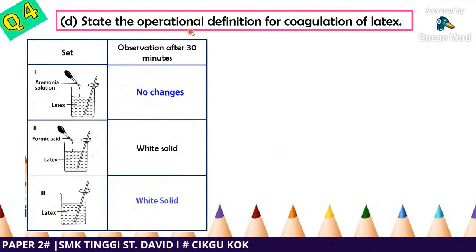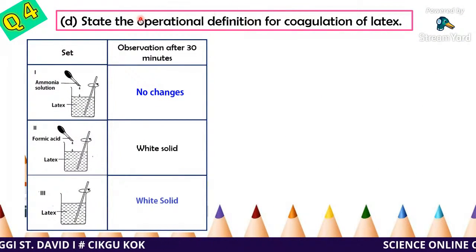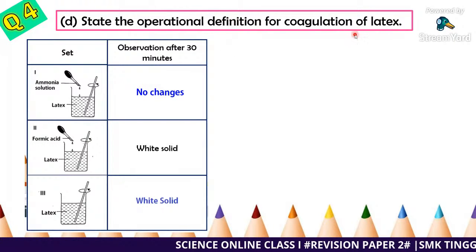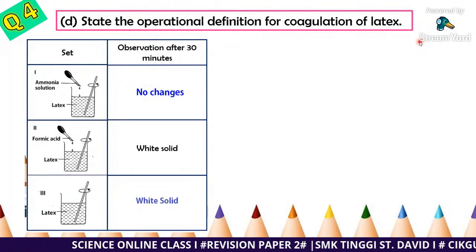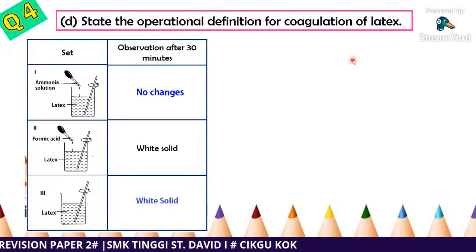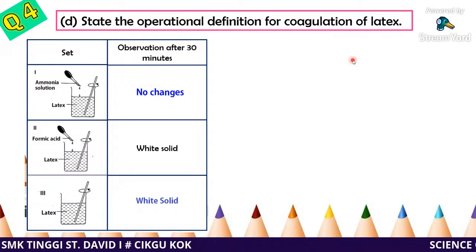Okay, so from here, can you state the definition? Again, can you see the word operational definition for coagulate of latex? So that means how your sentence starts. Your sentence must start with the word, what is that?